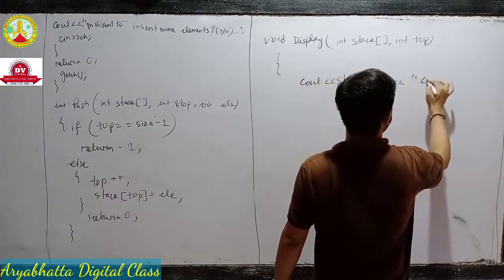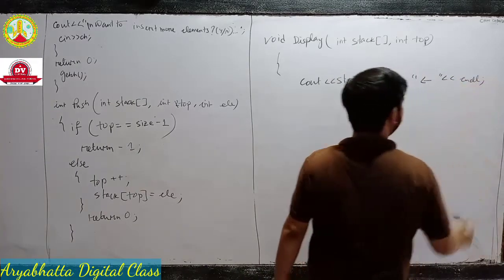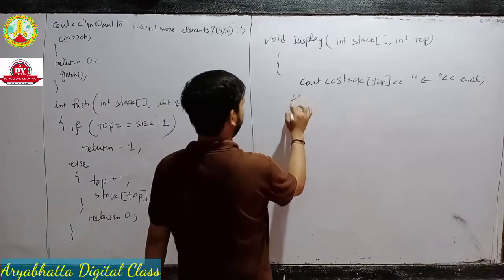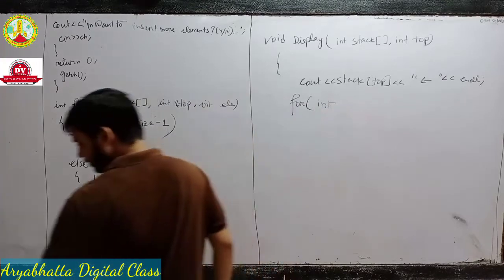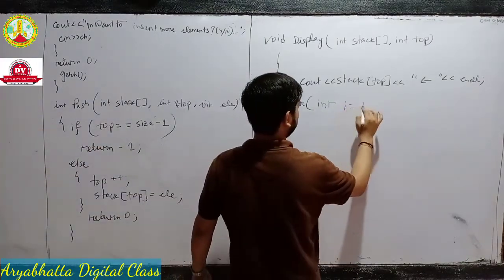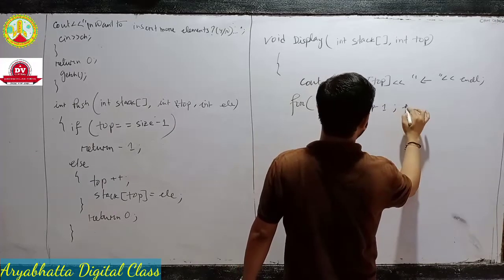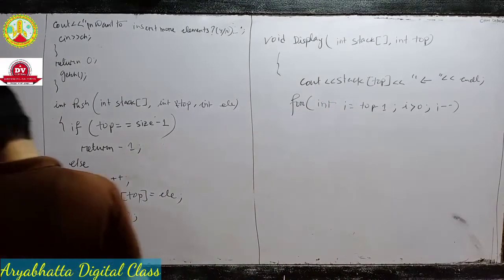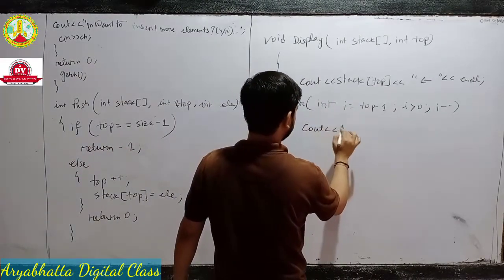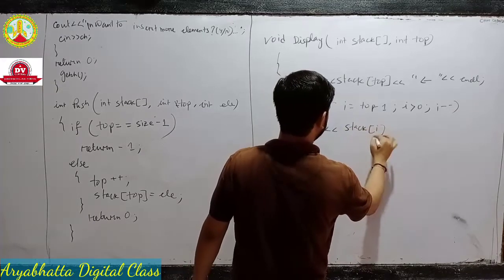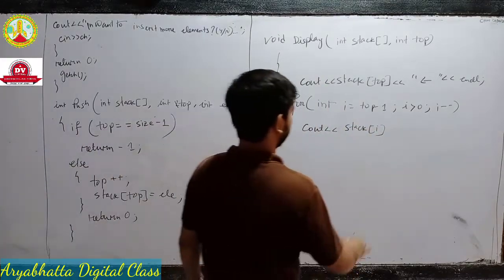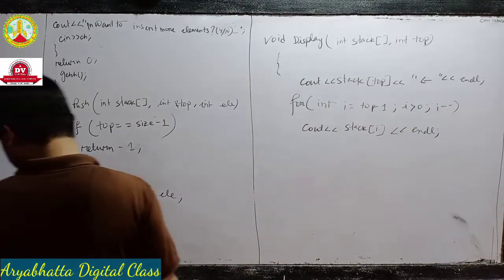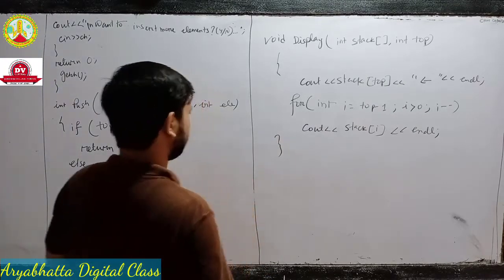This is a printing statement. Okay, endl means end the line. I have already told you, endl means end the line, and for display we use one loop, a for loop. Int i is equal to top minus 1, i greater than 0, i minus minus. See out stack i endl. Again, end the line.